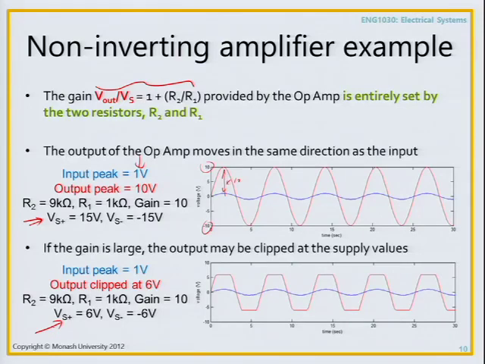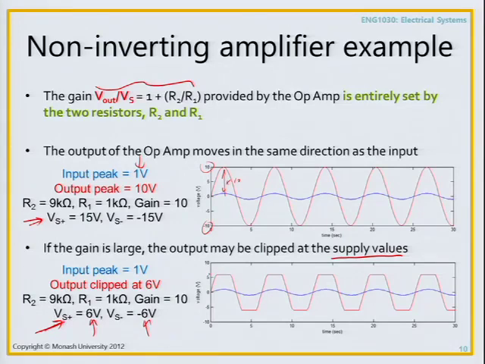Remembering what we did on Monday, the circuit would experience clipping. Okay? And the output will be clipped at the supply values because the output can't be greater than 6 volts or smaller than negative 6 volts. Because these are the supply voltages, and the op amp cannot supply voltage greater than or less than these limits.